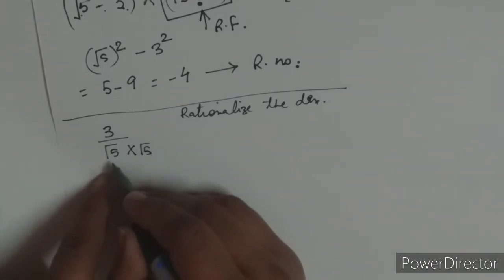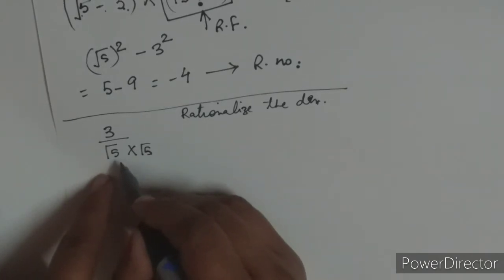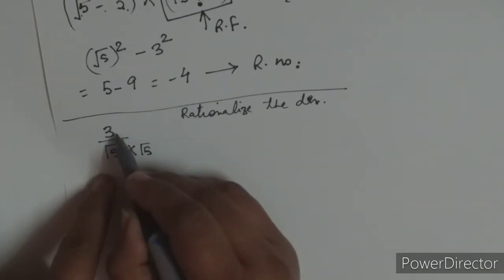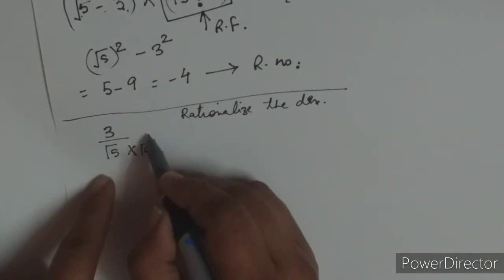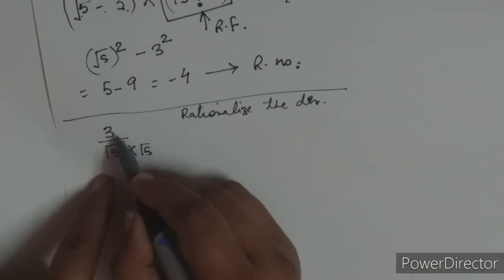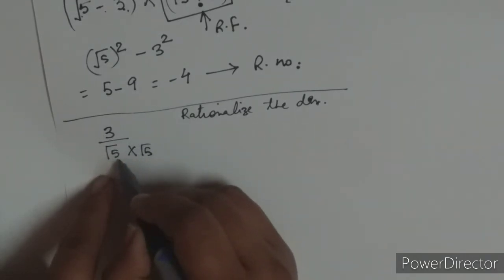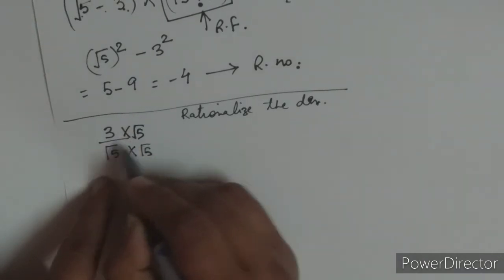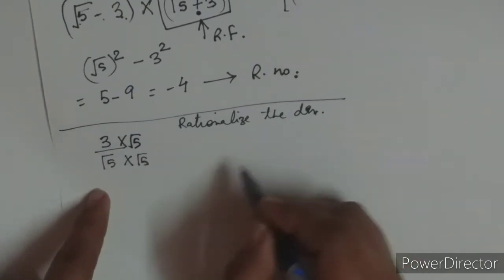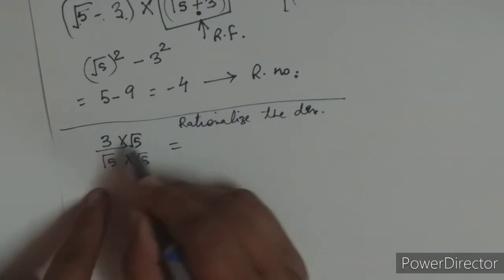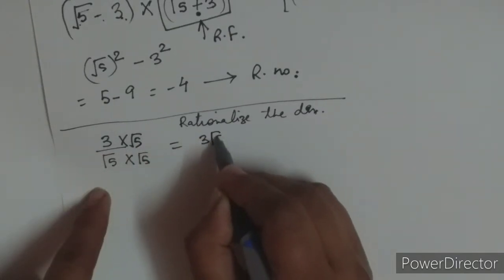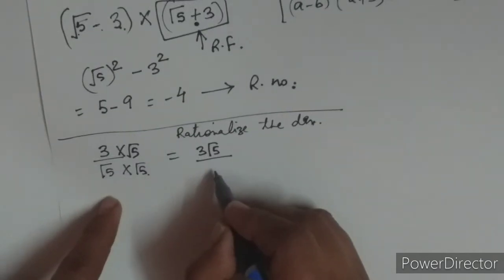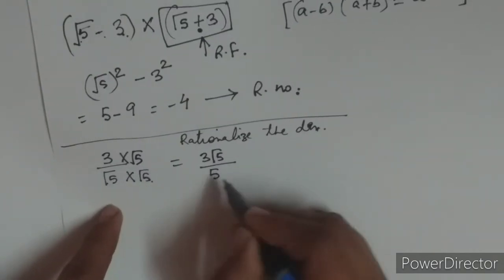That means, can we multiply the denominator like this and not do anything to the numerator? No. If we want to do multiplication to the fraction like this, we should do the same change in the numerator part also, so that finally we get the answer as 3 into square root of 5 multiplied by square root of 5 into square root of 5, which is equal to 5.